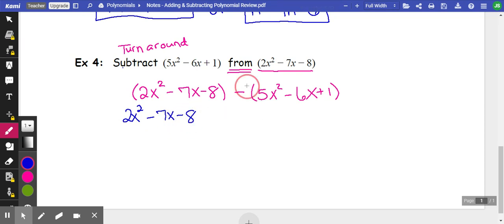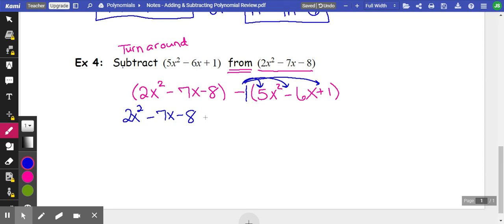In my second polynomial, I have to distribute by negative 1. What I find happens is if people just try to subtract things without actually distributing the negative 1, they tend to make silly sign errors. This takes a lot of that error out.